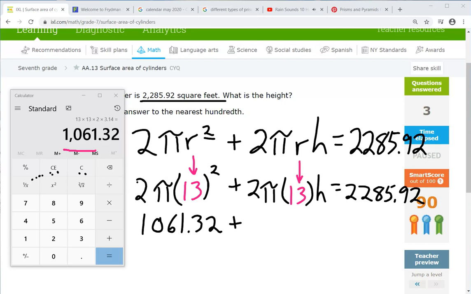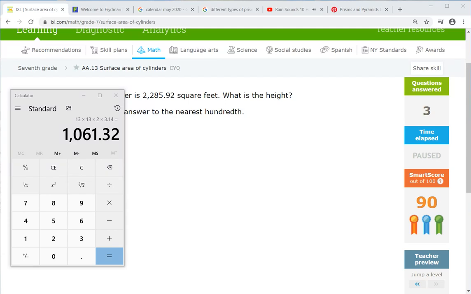Plus, now we have to do, now you're saying to me, Mr. Friedman, isn't this exactly the same as this? Can't we just put this number over here also? No, because here there is no exponent. Here there was an exponent of 2, so we had these two 13s over here. So I could just take this and divide by 13, but I'll just do the whole thing again, just to show you. Oh no! Whew!